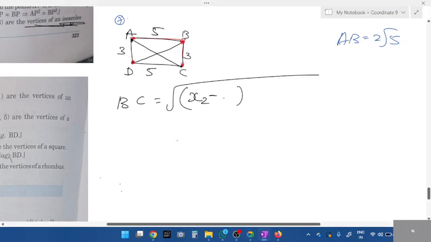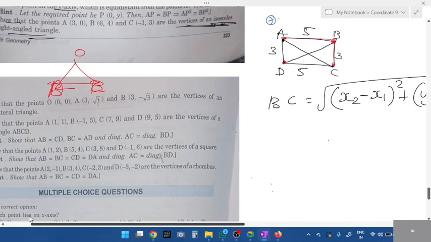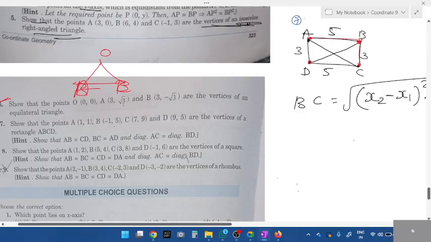Tell me the formula. X2 minus, Y2 minus Y1 the whole square. What is B and C value? What is B value here? Seventh question. Be quick.